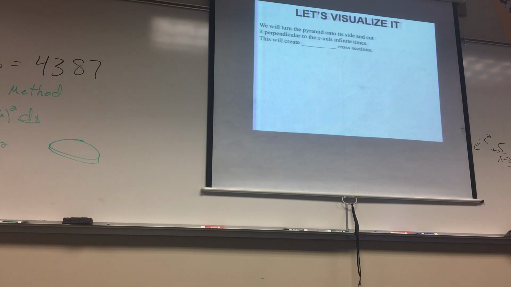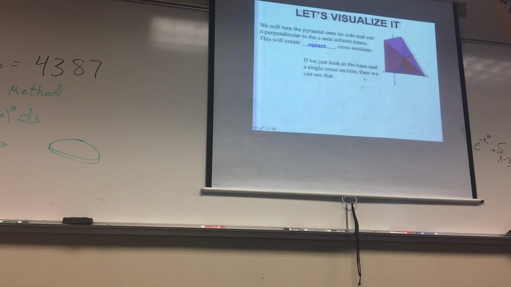This will create square cross sections. Here's what this visually would look like. I flipped the pyramid onto its side and cut it an infinite number of times vertically, perpendicular to the x-axis. And you should notice that your cross sections become squares.